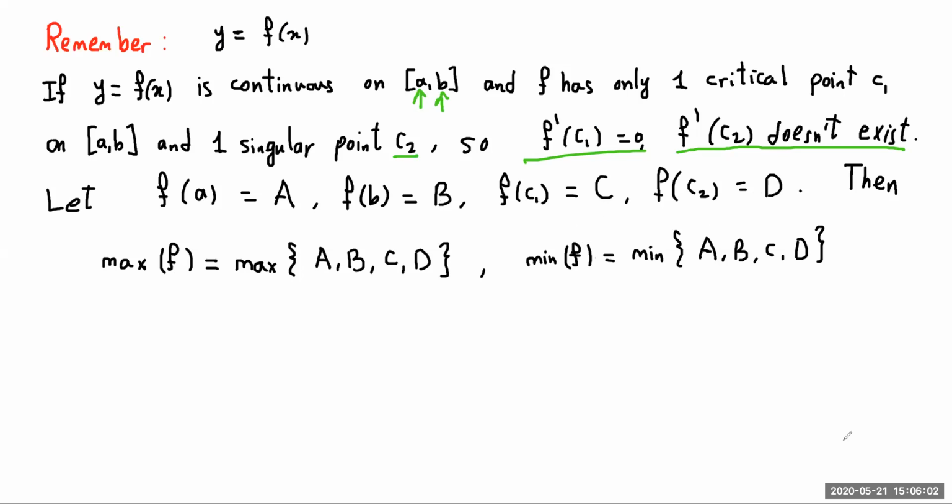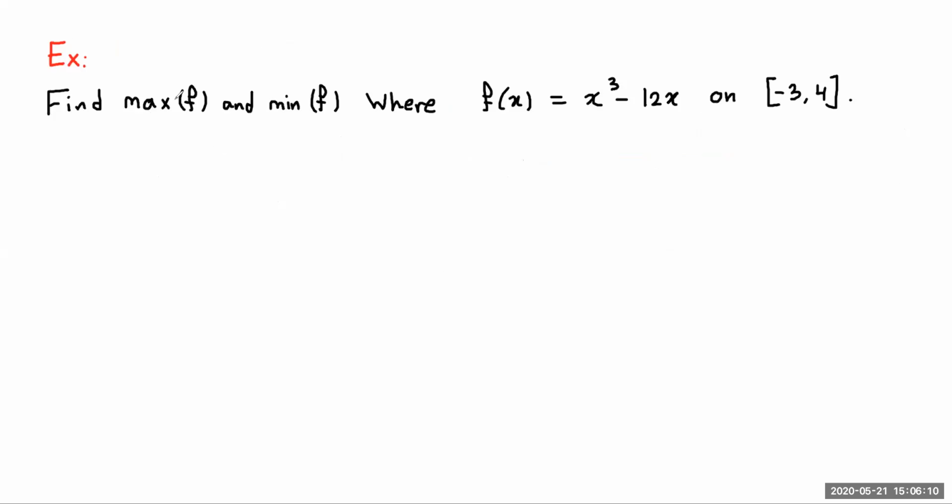So let's take an example to understand this. This is for a function in one variable. Find the maximum f and minimum f where the function f(x) in one variable is given by x^3 minus 12x on the interval [-3, 4]. To solve this exercise, let's calculate f'(x). It's 3 times (x^2 minus 4).